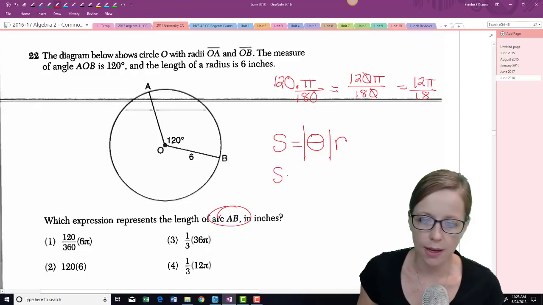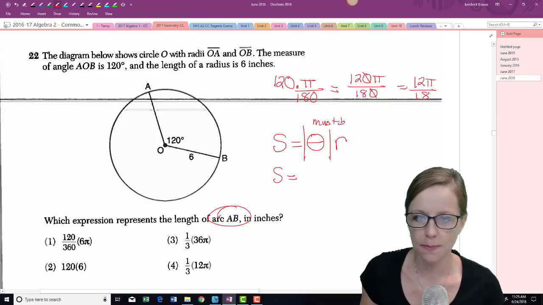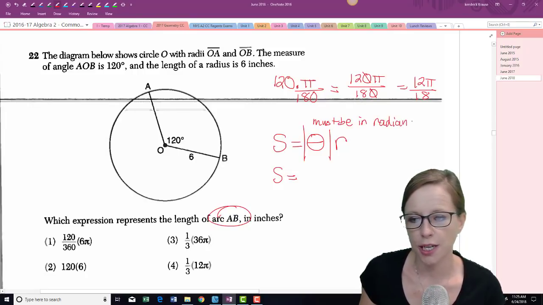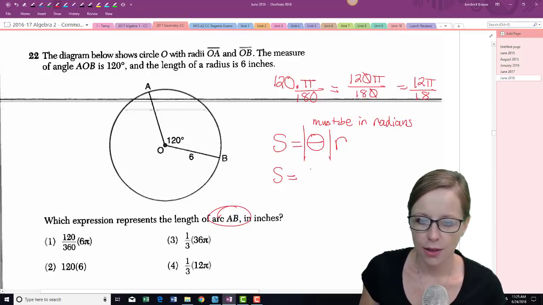Well, the arc length is what we're looking for. Theta must be in radians. That's a big deal. They like to trick you. So theta is 12 pi over 18 times a radius of 6.